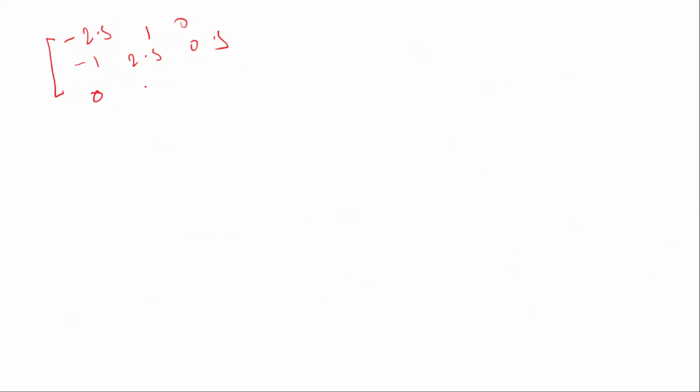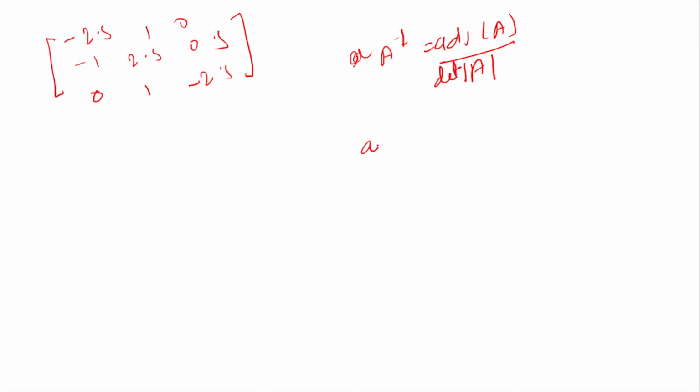To find the inverse of this matrix, we need to do the same as before: A inverse will be the adjoint of A divided by the determinant of A.